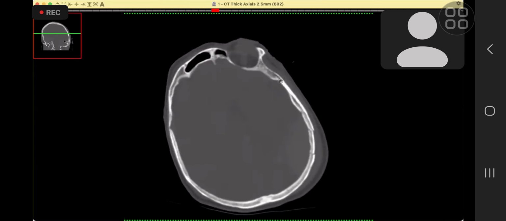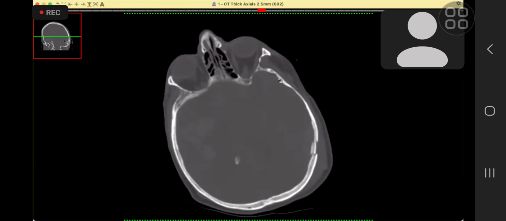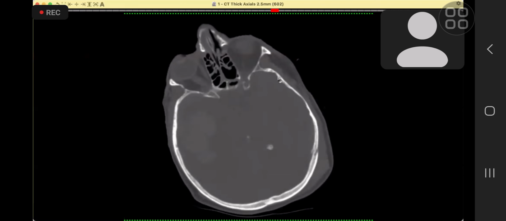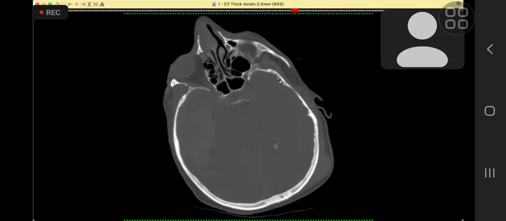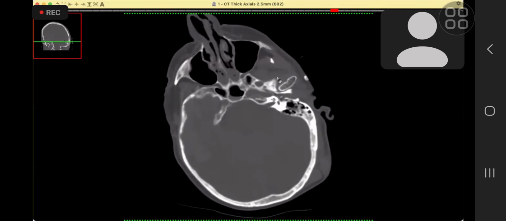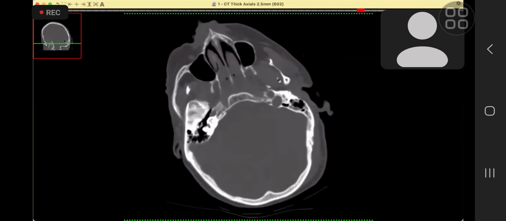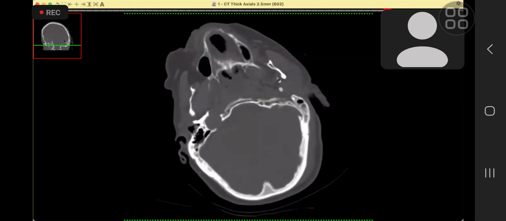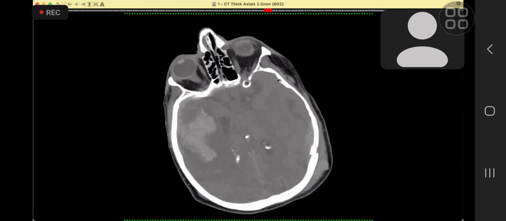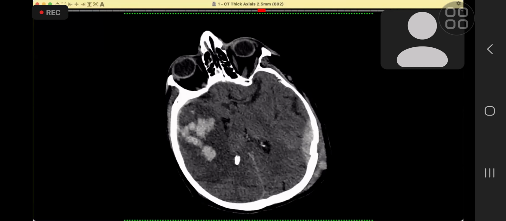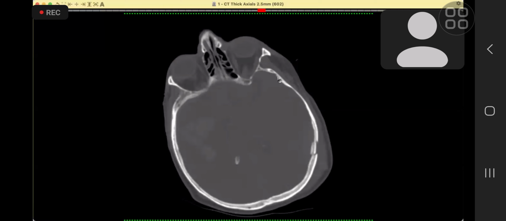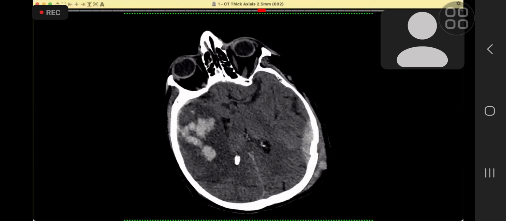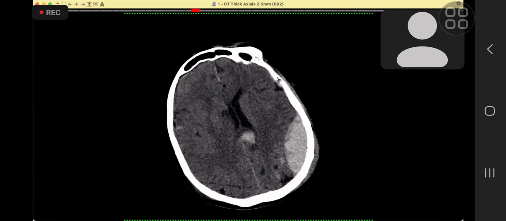Do you see anything? So within the left frontoparietal lobe, at the area of the extradural hemorrhage, there is a minimally displaced, minimally comminuted fracture with some overlying soft tissue swelling. I don't see any further fractures.